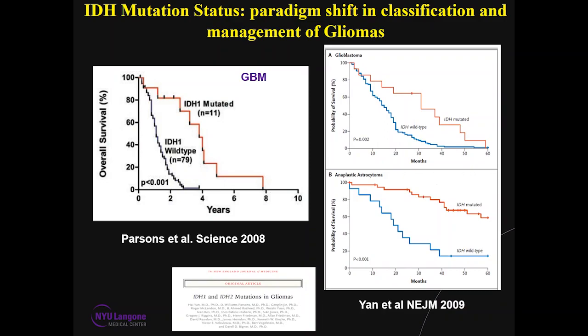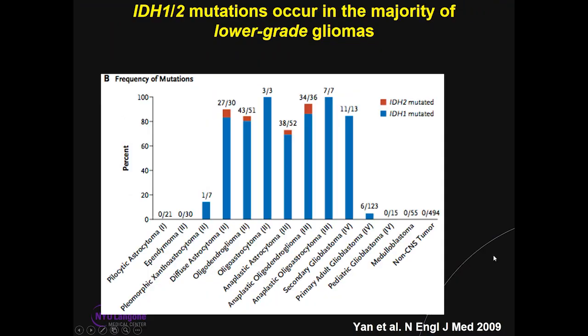The same concept was also shown in another paper in 2009, which showed that this beneficial effect of IDH mutation is not just seen in glioblastomas, but also in anaplastic astrocytomas. You have an anaplastic astrocytoma which is IDH mutated. They're going to do much better than IDH wild type anaplastic astrocytomas.